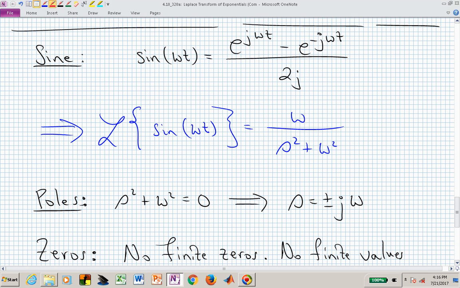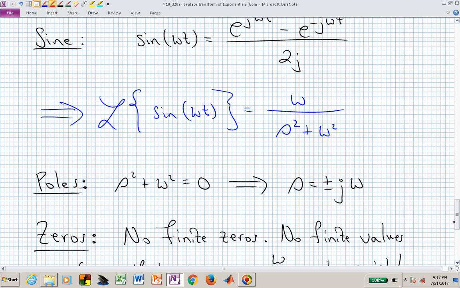So anytime we have a frequency of omega in a pure sine or cosine, with no damping, we will end up with poles on the imaginary axis at plus and minus j omega.